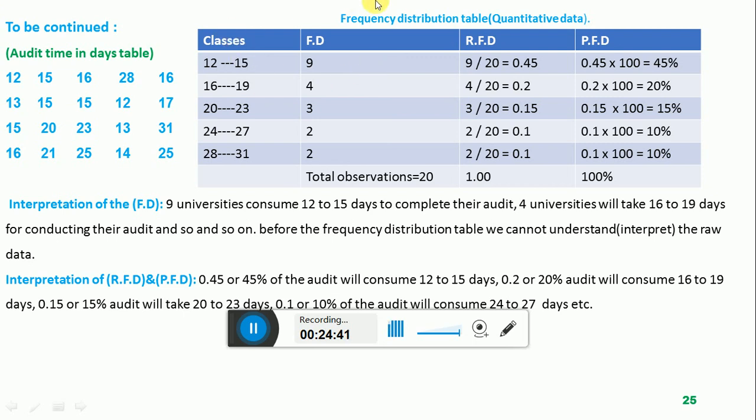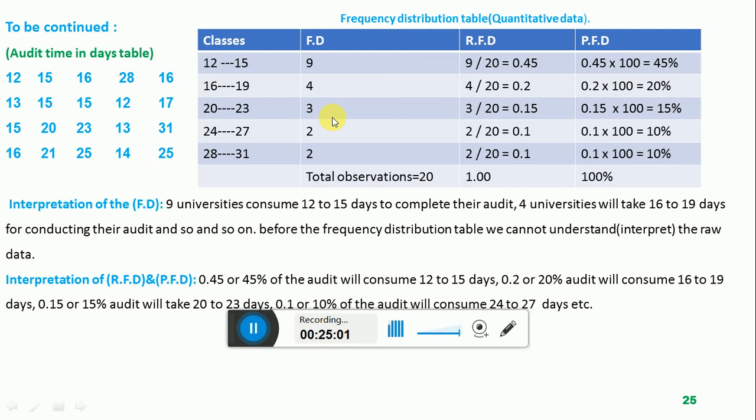But when we develop this frequency distribution table, it can summarize, interpret, analyze and present the data, make it easy to read, easy to understand, and make the data meaningful.